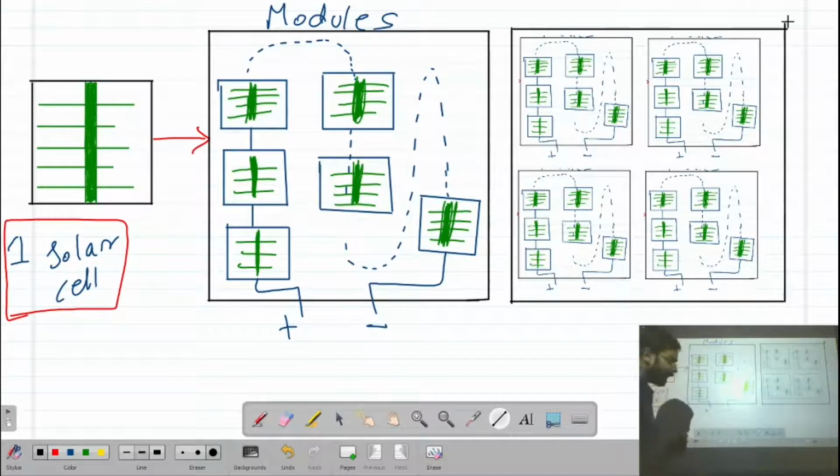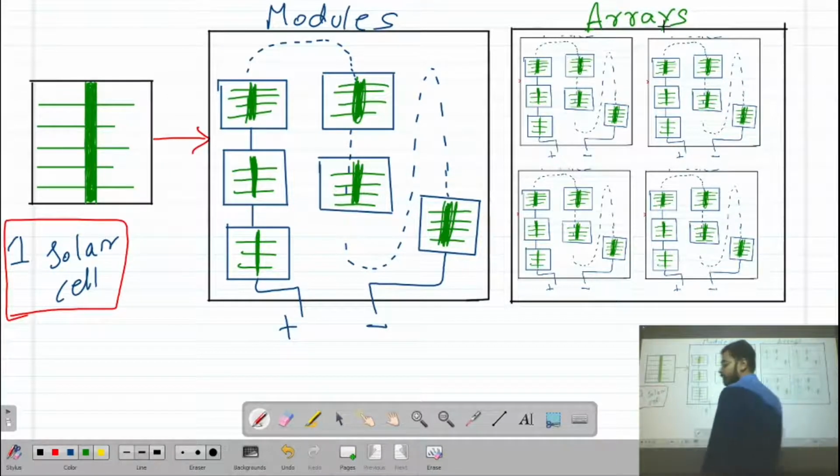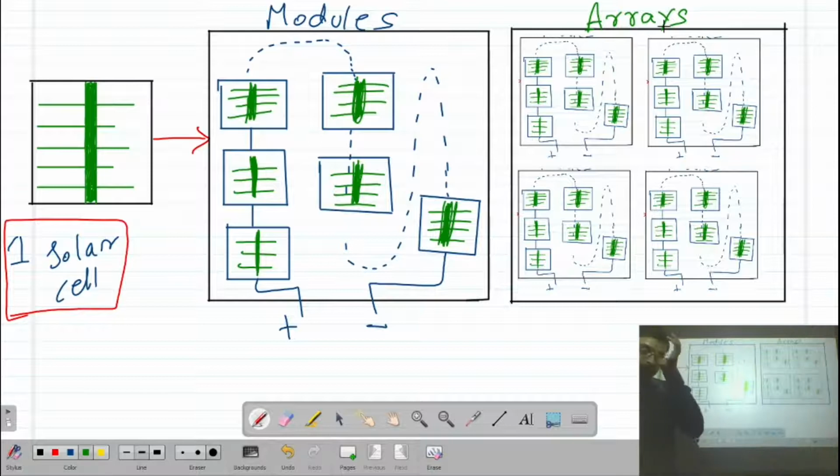These are arrays. These are nothing but arrays, right?